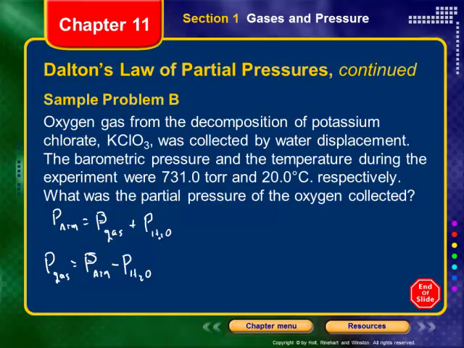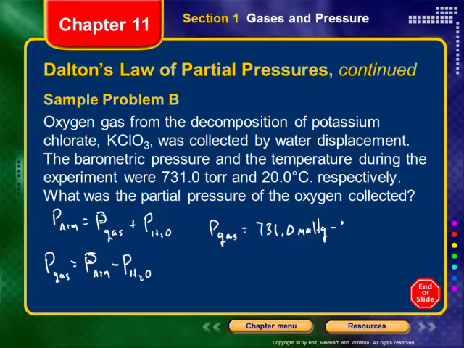All right, so it tells us that the atmospheric pressure here is 731 torr. So I'll just rewrite this: P sub gas is equal to 731.0 millimeters of mercury minus, and then we have to go to our book and find the partial pressure of water at 20 degrees Celsius. And at 20.0, that partial pressure is 17.5 millimeters of mercury.